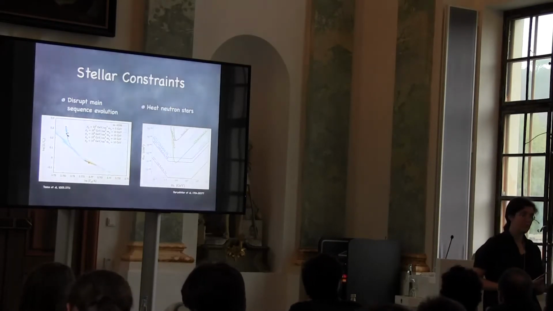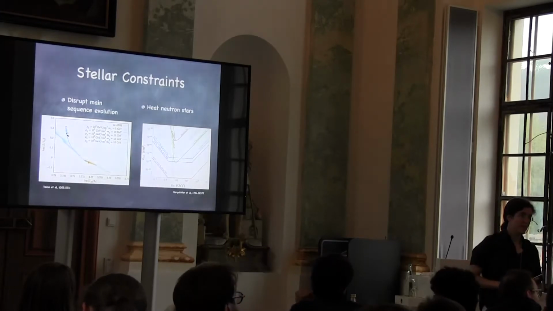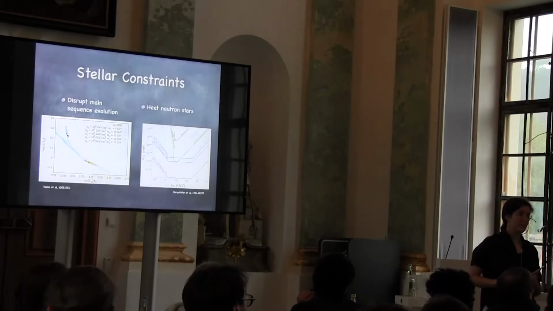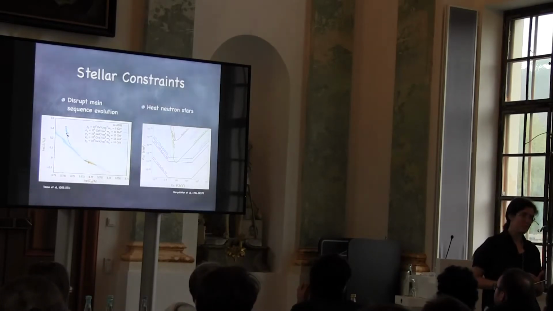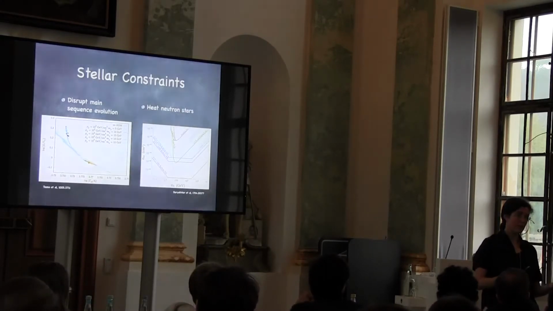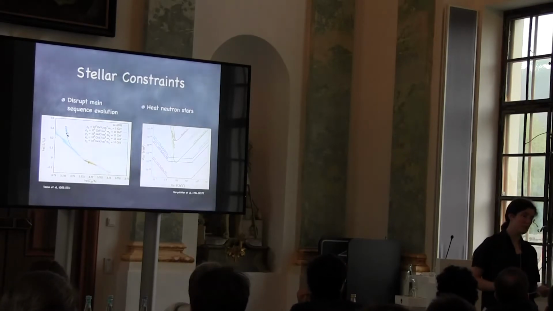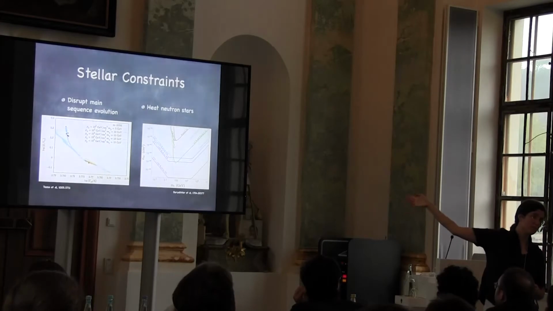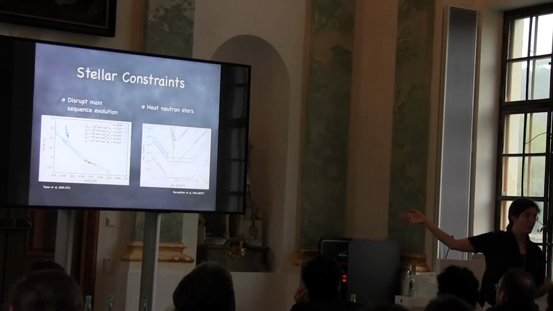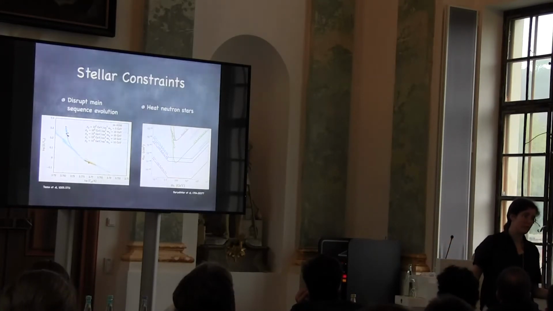Then the next one is, does it annihilate or not? If it doesn't annihilate, is it a scalar or a fermion? If it does annihilate, which states does it produce in the final state? In the case of producing neutrinos, the strongest constraints are not going to come from a neutron star, which tends to be fairly far away. It'll more naturally come from a much closer object like the sun.